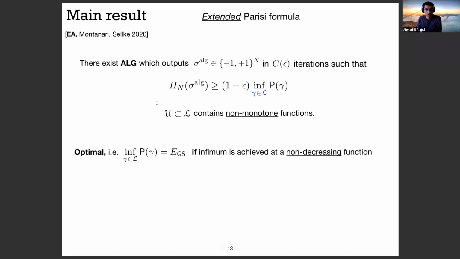Of course, this is optimal if the infimum over this larger space is also equal to the infimum over the smaller space U, which would be the ground state energy.